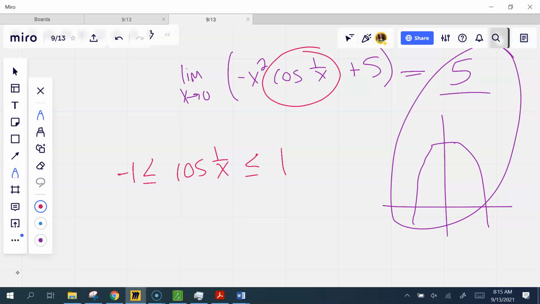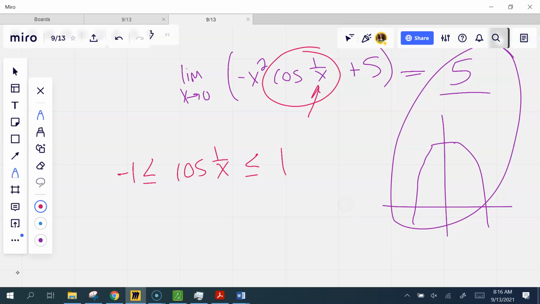Take the portion of the trig function, and since this is calculator, you could even graph this on your calculator and look at what it fluctuates between, and it's still between negative 1 and 1. Or the range is another way to look at that. What's the range of that?